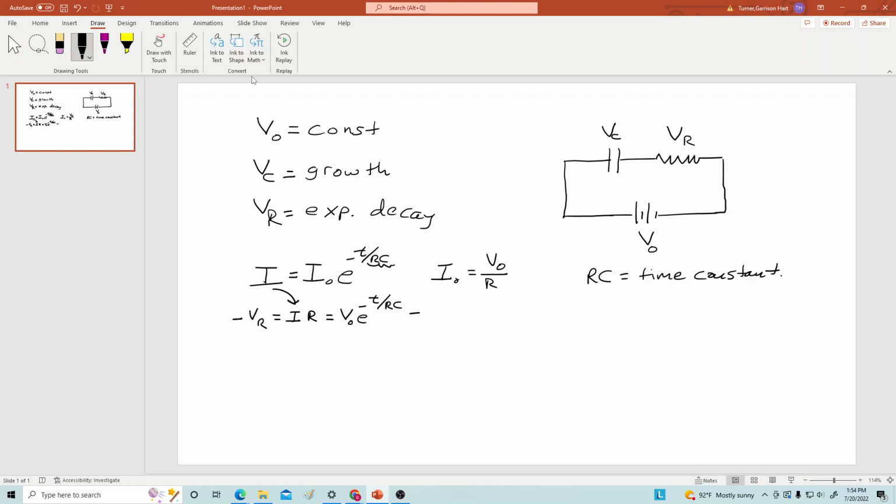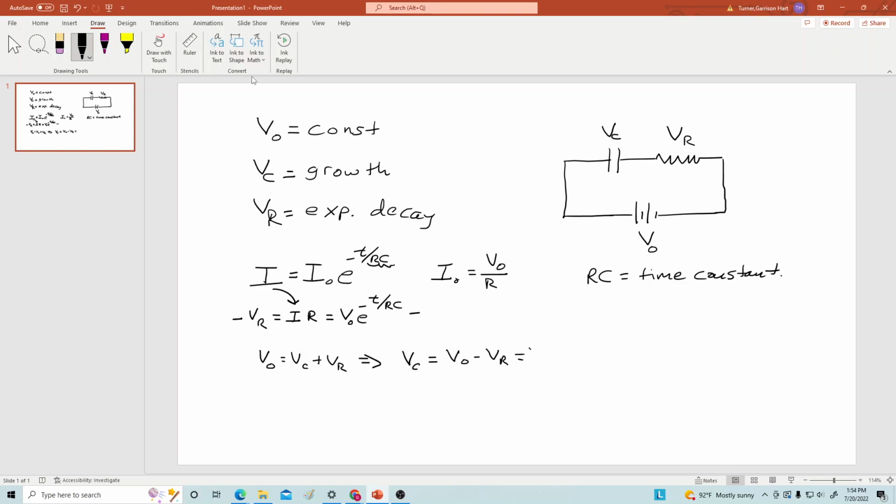But we have a rule called Kirchhoff's loop rule, which says that the potential across all of the components have to add up to that of the battery. So if I want to know how the potential across the capacitor is going to behave, the potential across the capacitor is going to be the potential of the battery minus the potential of the resistor.